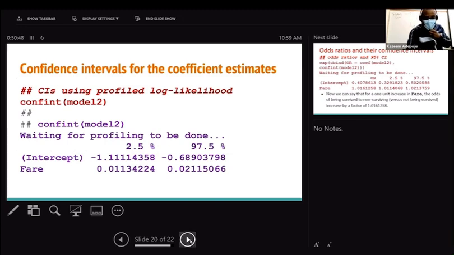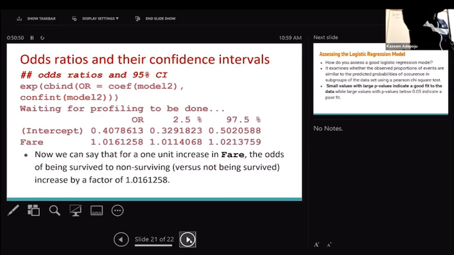Then we can also talk about odds ratio. There's a difference between the log odds and the odds ratio. How can I remove the log from the odds? Mathematically speaking, I'm going to take the exponential.